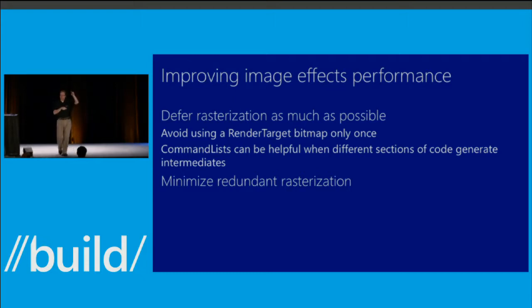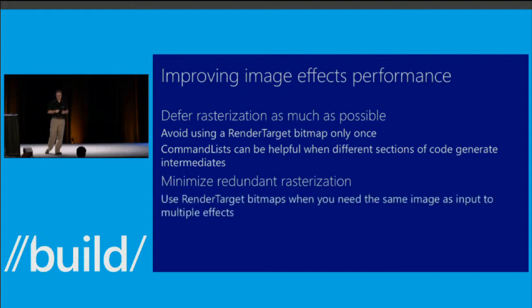Then if you render those once and apply it in multiple places, that's more efficient than using a command list, because then we have to render it twice. So it's kind of mix and match, but it's about making sure that you're not doing extra work by minimizing that redundancy. So use render target bitmaps, so that's kind of the opposite of saying don't use them.